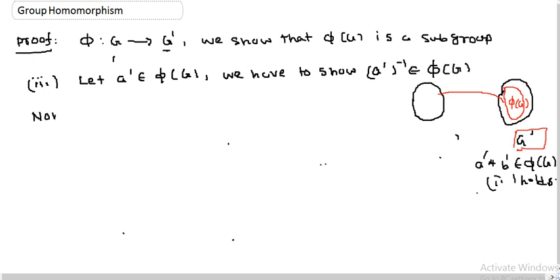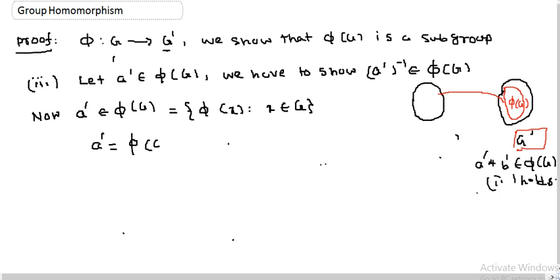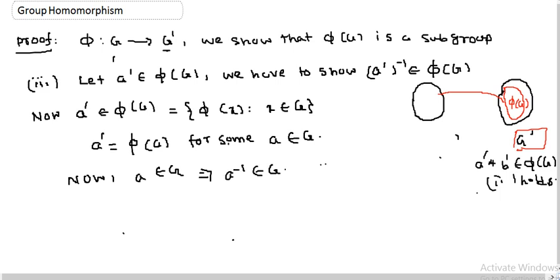Now what we know? A dash belongs to phi of G, and phi of G is a collection of all phi of X, where X is an element of G, which means A dash must equal some phi of A for some A belonging to the group G. Now A belongs to G implies A inverse belongs to G. Then from our previous result, phi of A inverse is the same as phi of A whole inverse.